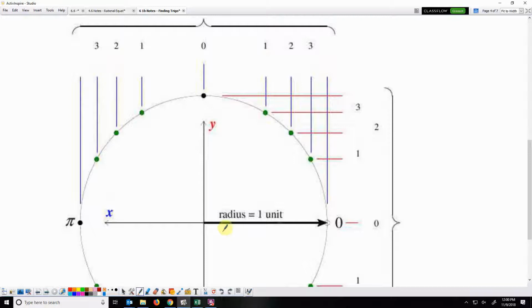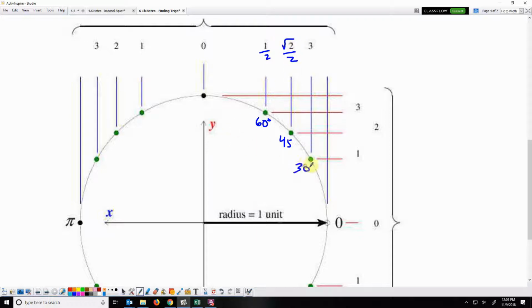Okay, so x values are to the left and right. If I'm right here, my x value is 0. If I go out to the first position, it's 1 over 2. If I go out to the second position, so this was 60 degrees, this one is 45 degrees, and that's the second position to the right, that is root 2 over 2.